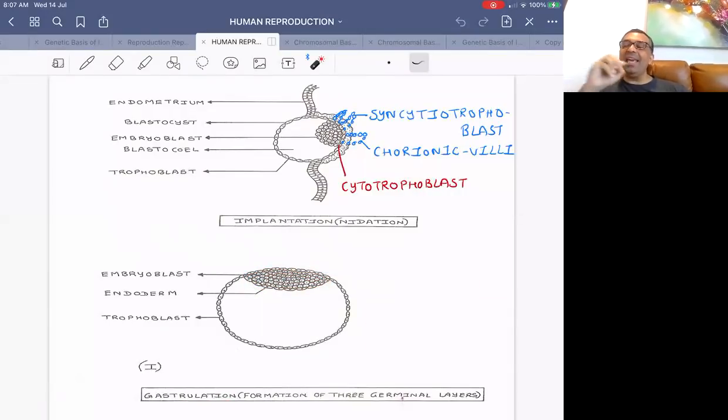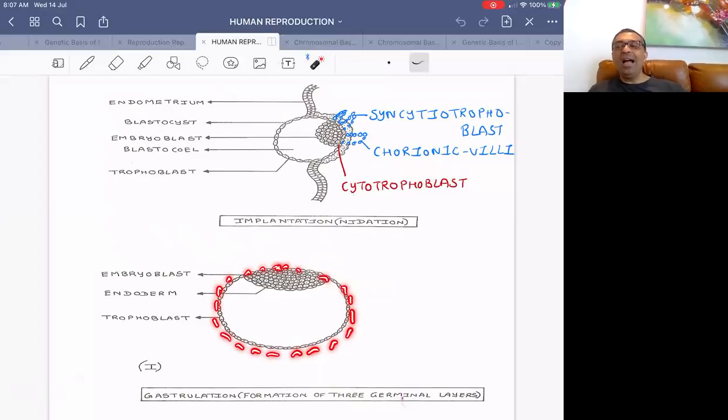So, let's see how gastrulation takes place. If you remember, at the end of blastulation a structure called the blastula was formed.